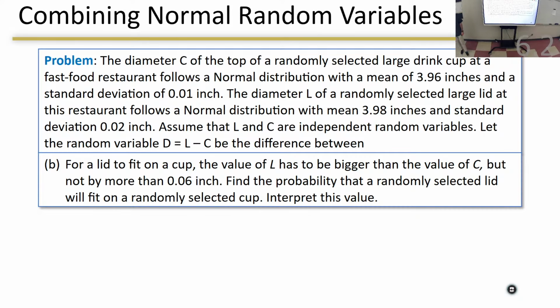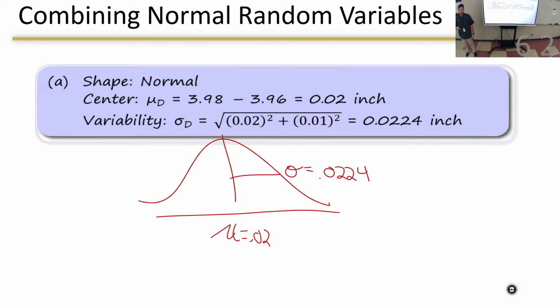For the lid to fit on the cup, the value of L has to be larger than the value of C. Duh. But it can't be more than 0.06, because if it's too big, it won't fit. Find the probability that a randomly selected lid will fit.